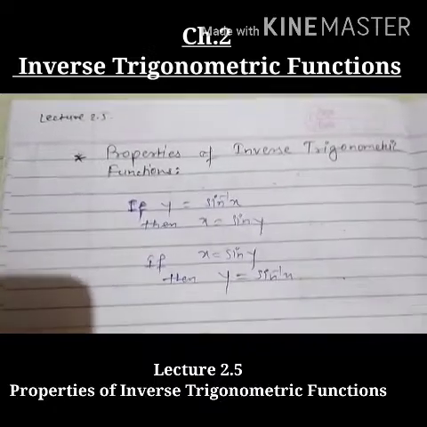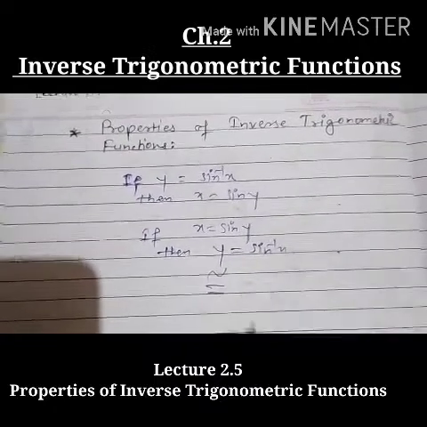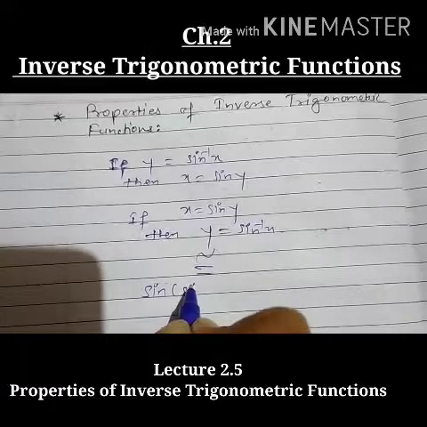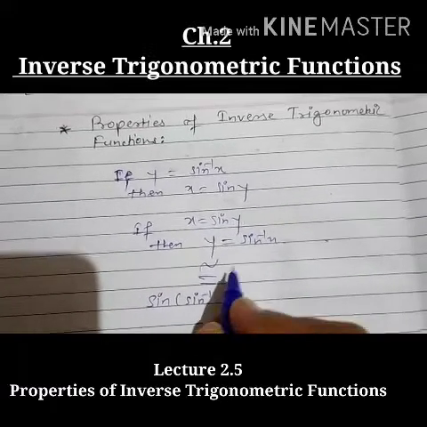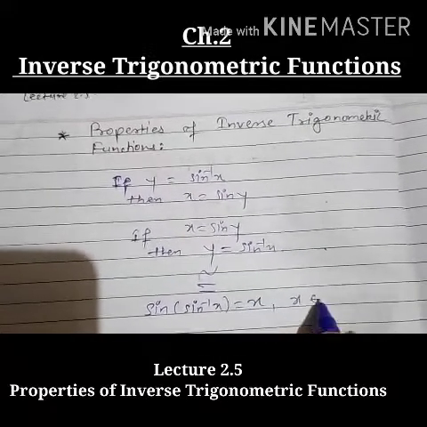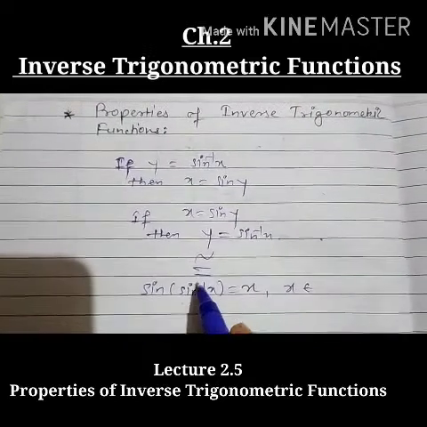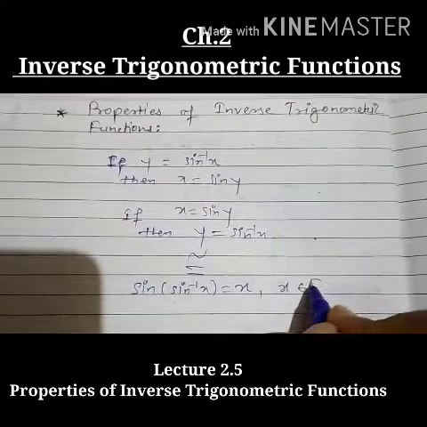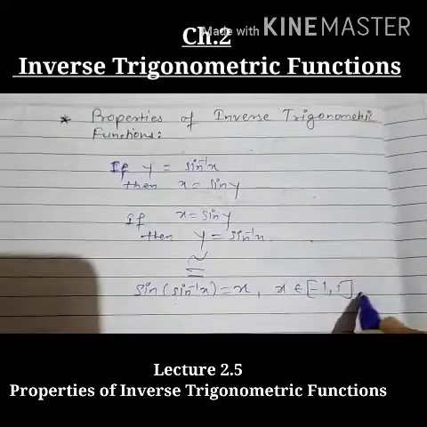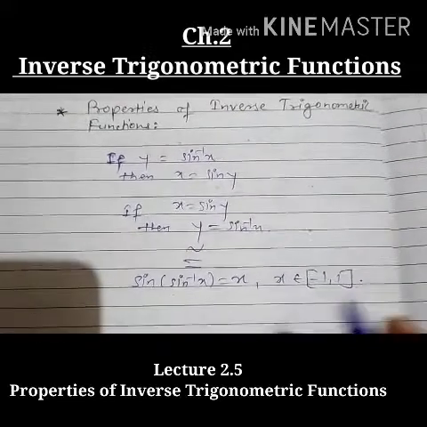This is equivalent to sine of sine inverse of x is equal to x, where x belongs to the closed interval -1 to 1, because for sine inverse of x, x will be from the closed interval -1 to 1. Understood?